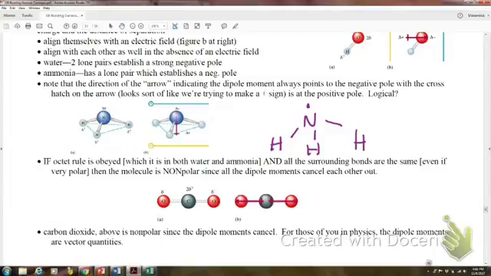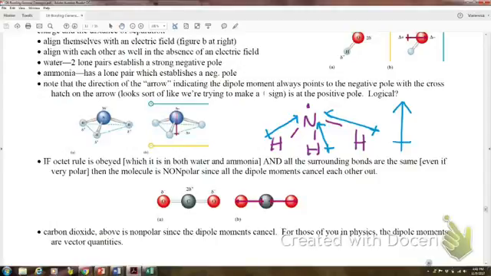So what you can do is draw each vector arrow for each bond, and we see that it goes this way and then this way. So we can see that we've got overall this for our dipole moment. So you can kind of see how they'd be additive. So this would definitely be a polar molecule.